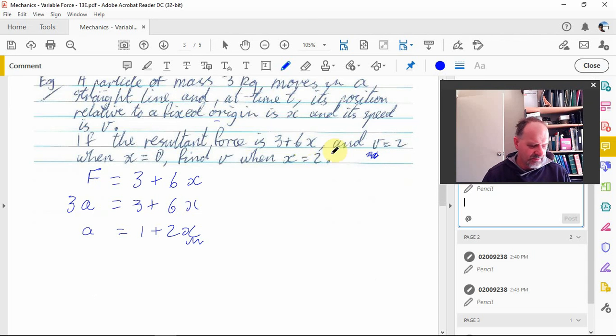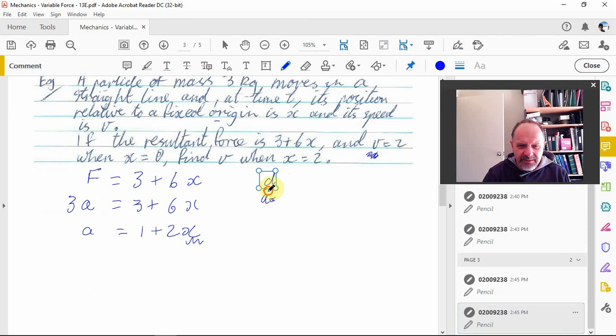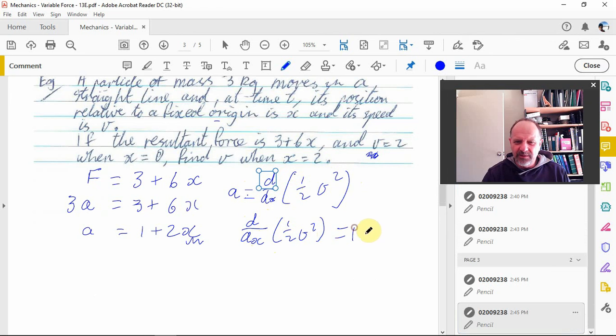Alright, so d/dx of a half v squared is the acceleration, and so d/dx of a half v squared is 1 plus 2x.